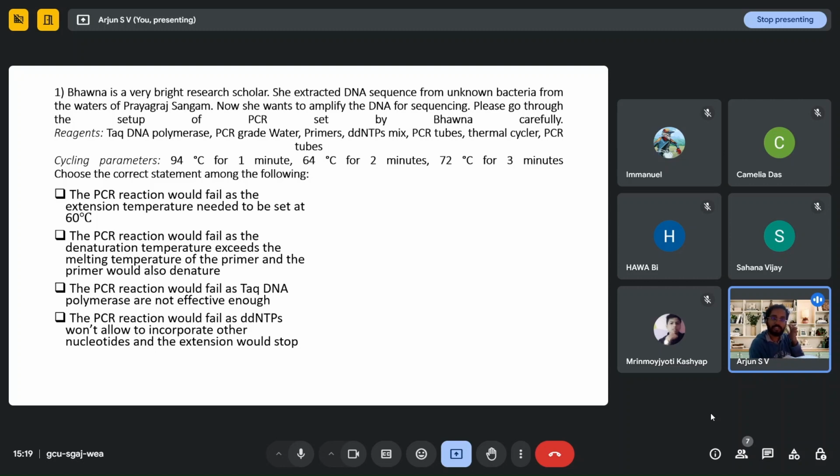The question is not simple and straightforward. There is a small twist in this question, and that's what you need to find out. You just need to rationally think why this won't happen.